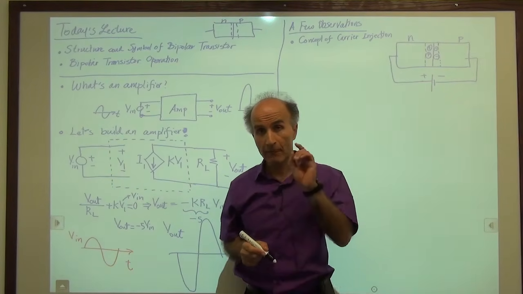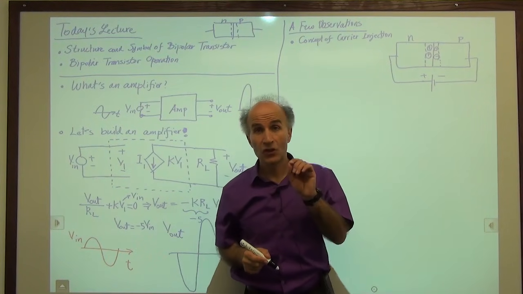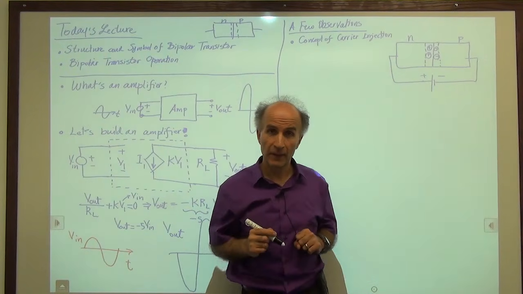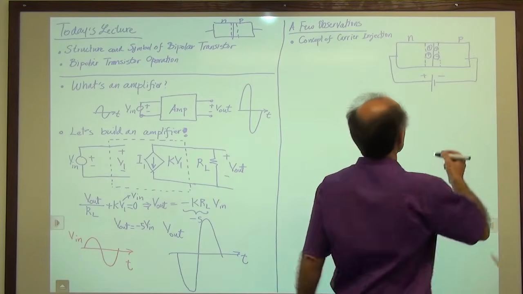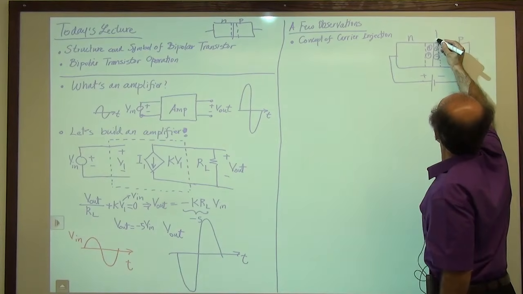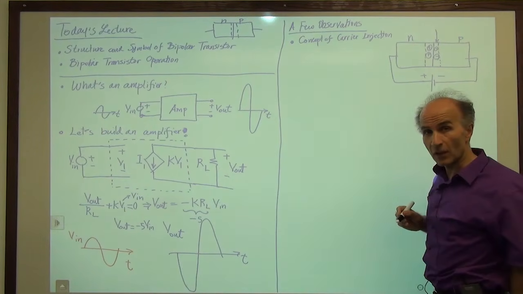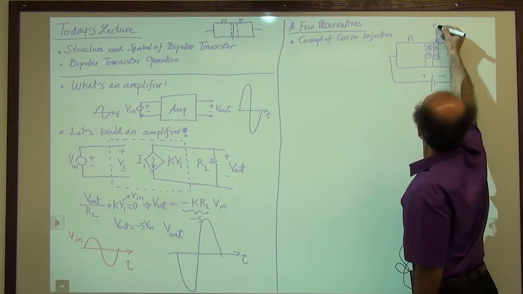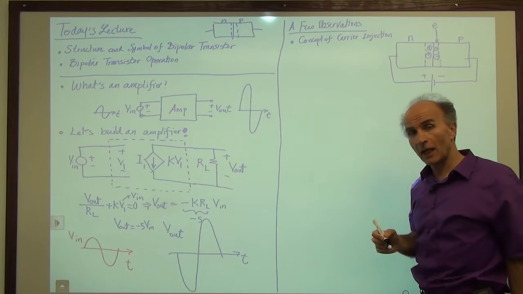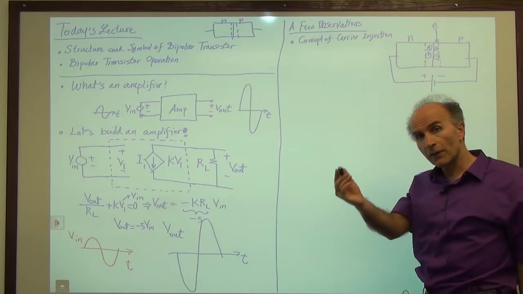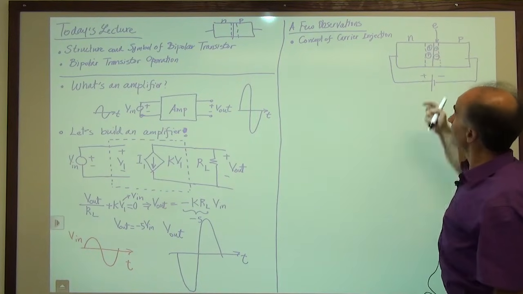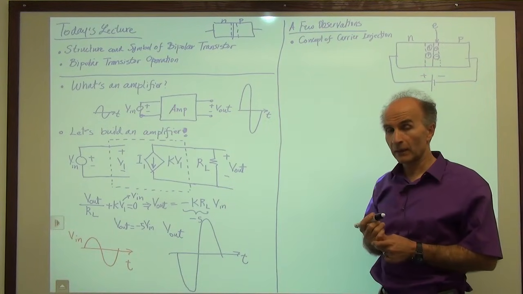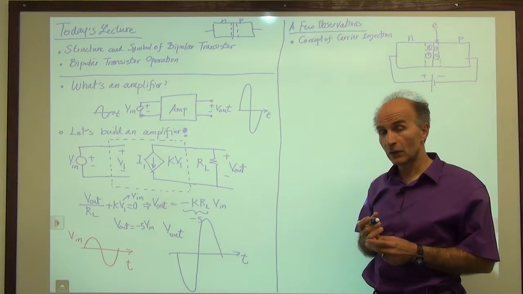Now, let's say that magically we can inject electrons into the structure from outside. In fact, we want to inject the electrons right here, right into this depletion region on the p side. So if I bring some electrons from outside and inject them into the depletion region on the p side, right here, what happens to those electrons? Well, you have to remember what the electric field looks like.